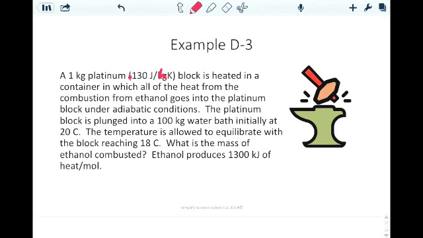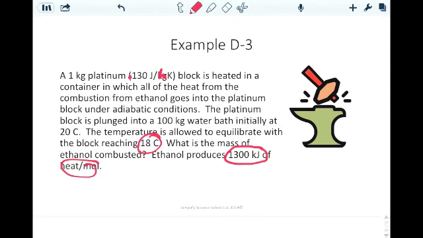The platinum block is plunged into a 1,000 kilogram water bath initially at 20 degrees Celsius. The temperature is allowed to equilibrate with the block remaining at 18 degrees Celsius. What is the mass of the ethanol combusted? Ethanol produces 1,300 kilojoules of heat per mole.